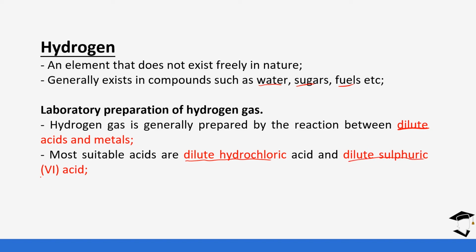Although there is an exception in the reaction of dilute sulfuric acid, we are going to discuss it later on. And then the most suitable metal is zinc metal. We are also going to see why other metals are not that suitable.